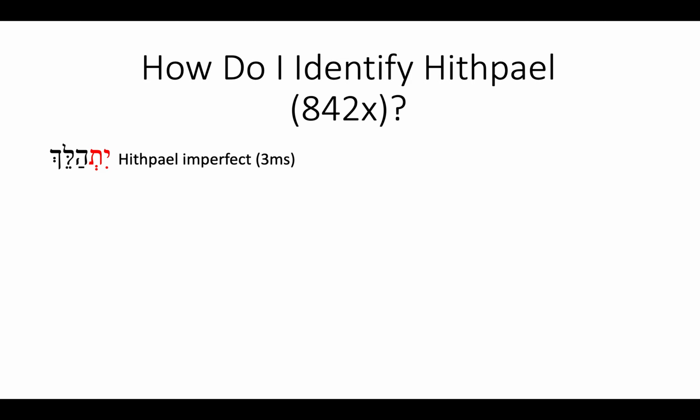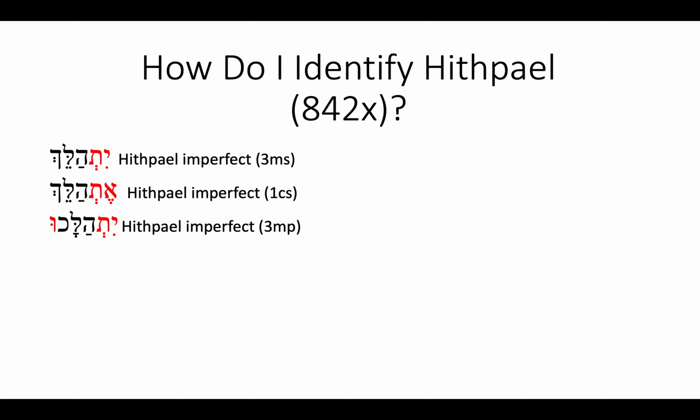The imperfect, third masculine singular, yit halech. First common singular, et halech. So we have an aleph marking the first common singular, just like any other imperfect. The tav remains. And the third masculine plural, yit halchu. So we have the yod marking masculinity, and then the u vowel marking plurality at the end of the verb.